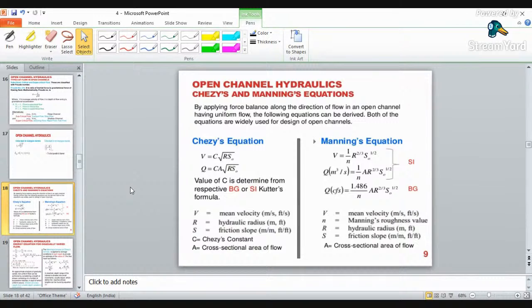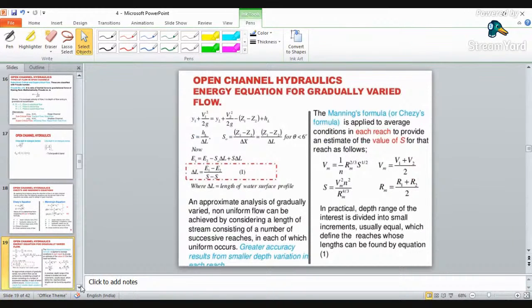So you will get a reduced equation, that is 1.486 by n into A into R to the power 2 by 3 S to the power 1 by 2, where S is the slope of the bed, V is the mean velocity, n is Manning's constant, and R is the hydraulic radius. R will be calculated as area by perimeter.